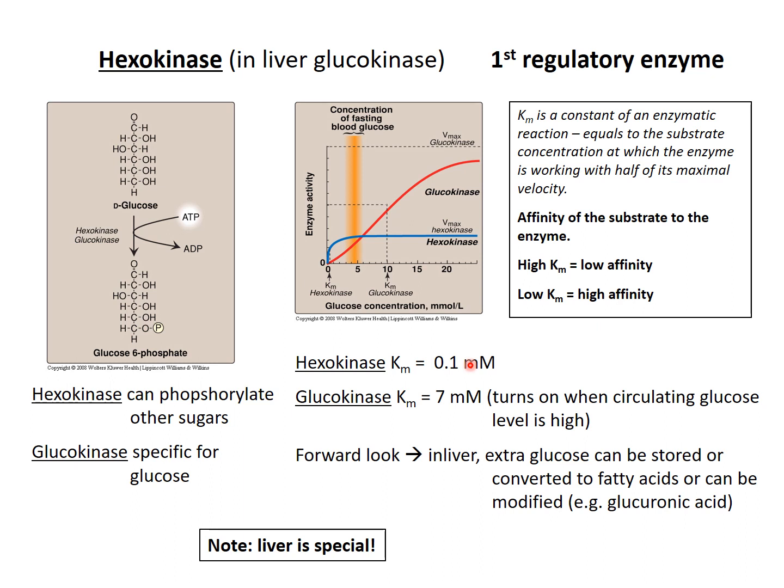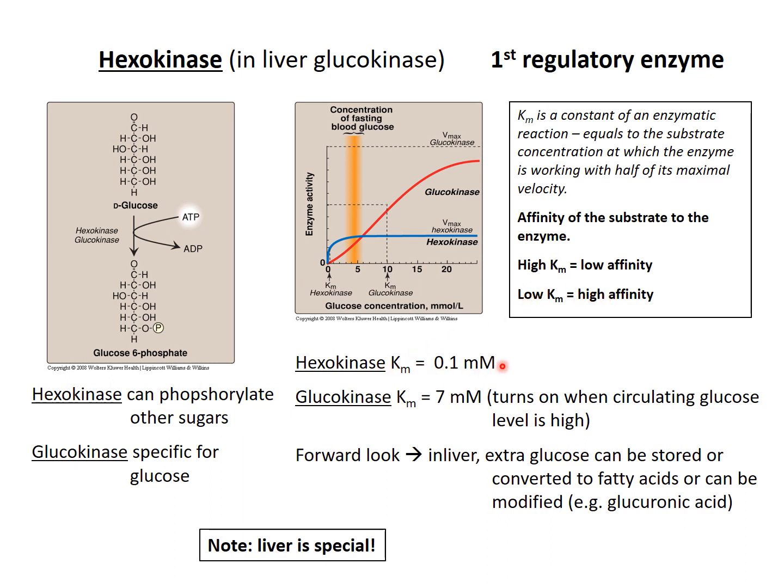The enzyme is working at half of the maximum, so the enzyme can be saturated and cannot work faster at higher and much higher concentration. It also means affinity of the substrate to the enzyme. Low affinity, high Km. High affinity, low Km.